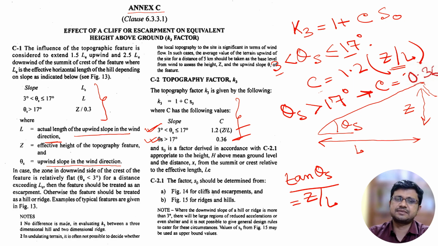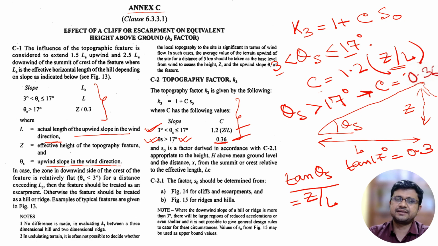Now for 17 degree, tan 17 degree equals to 0.3. So 1.2 into 0.3 will be 0.36. So for theta greater than 17 degree, we will consider the value of tan 17 degree, and at that time the value will be 0.36.